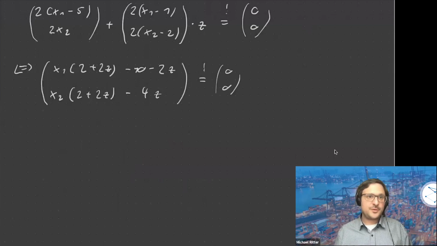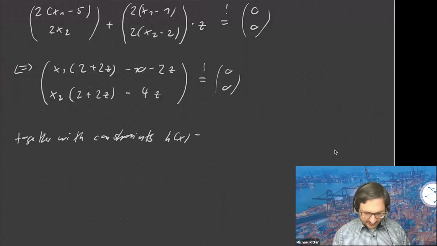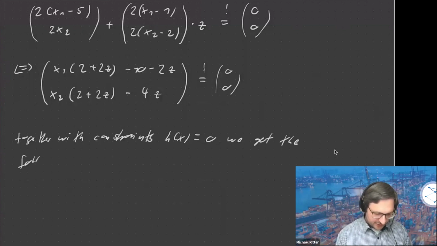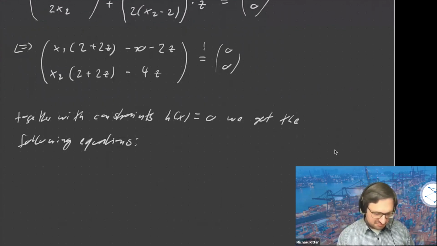In addition to that, of course, we also have to satisfy the constraints. So together with constraints, remember the constraints were h of x is 0. We get the following equations. So what do we get here? Well, first equation is just this x1 times 2 plus 2z minus 10 minus 2z equals 0.